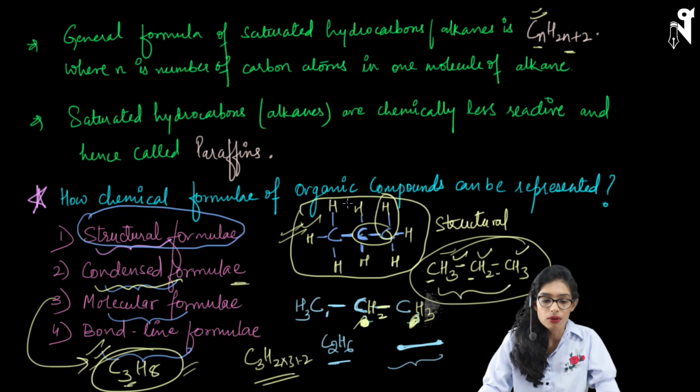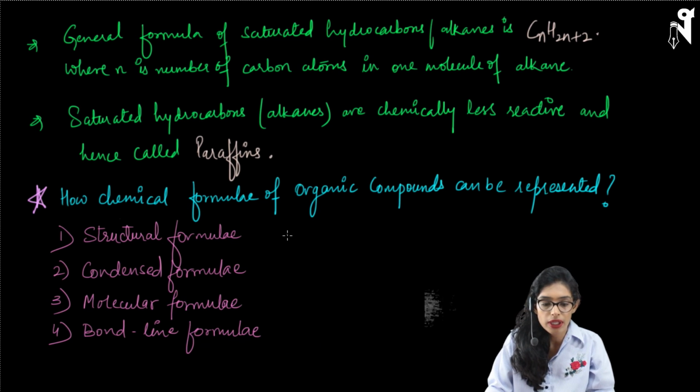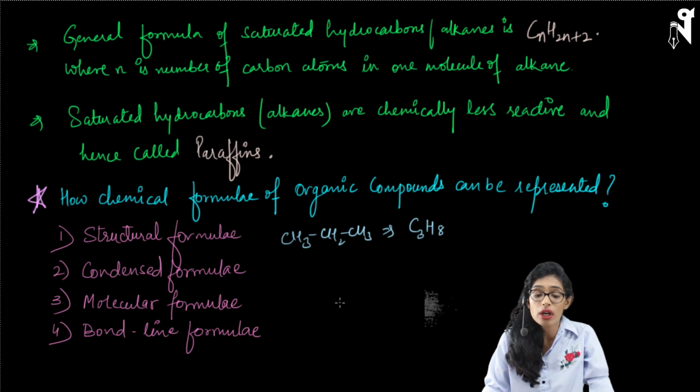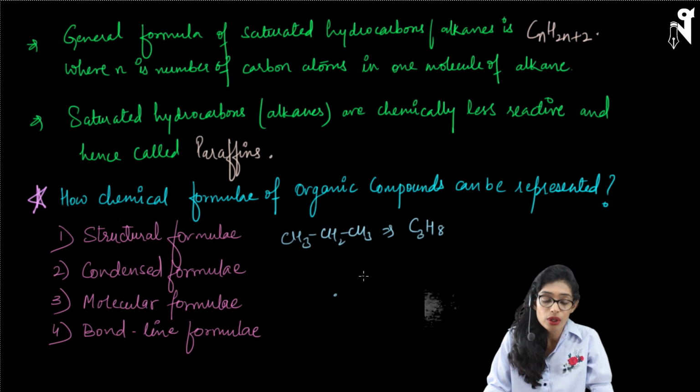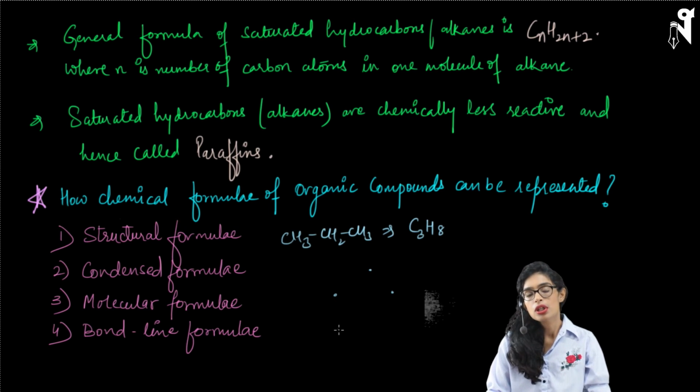Now this compound which we have spoken about, that is CH3, CH2, CH3, which has the general formula C3H8. How to represent this in the bond line? So basically three carbons are there. Initially, when you are drawing the bond line, you may have to draw three dots, but later on you will get used to it and you won't have to draw the dots.